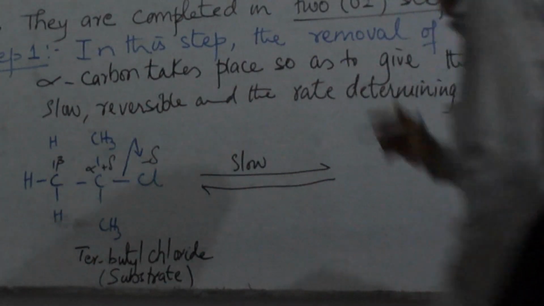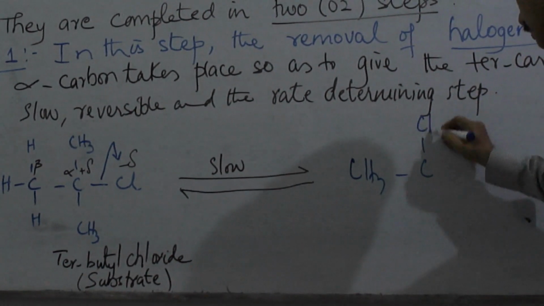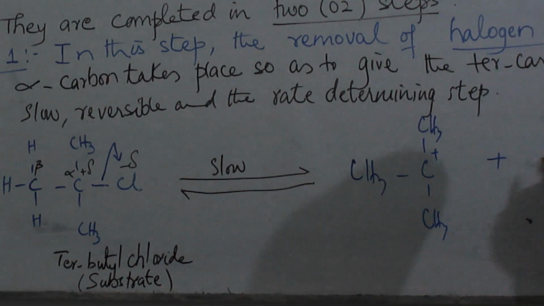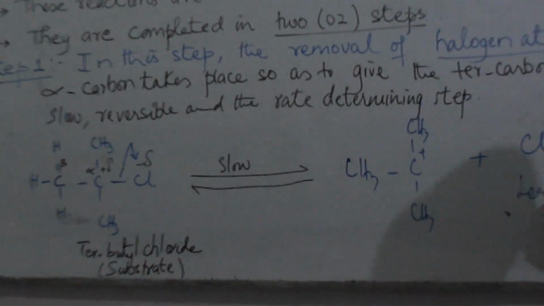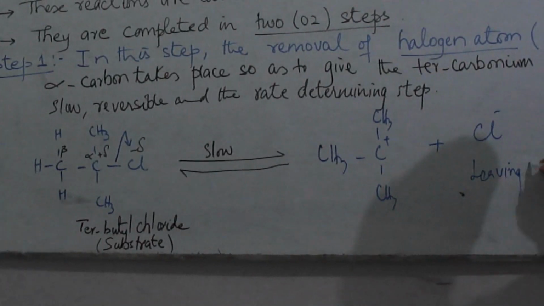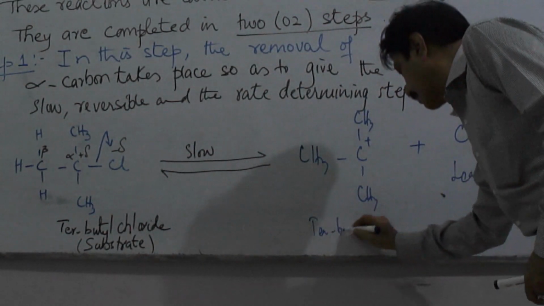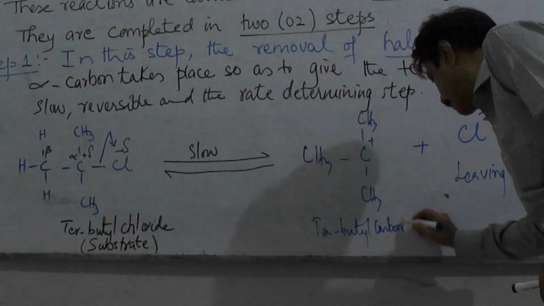As a result of that, this is said to be the leaving nucleophile. This is the tertiary butyl carbonium ion.